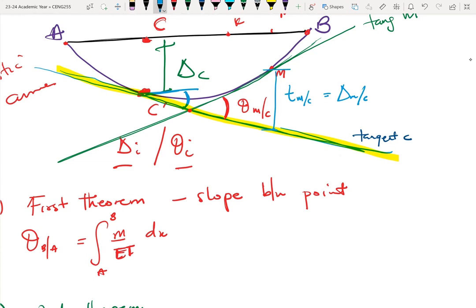It's important that with the vertical deviation, the way we write the subscript is very important.